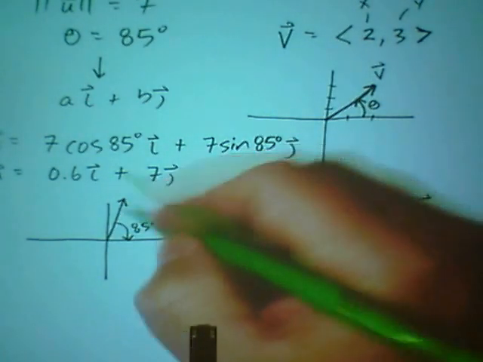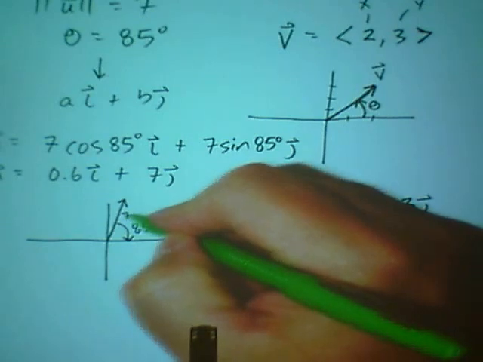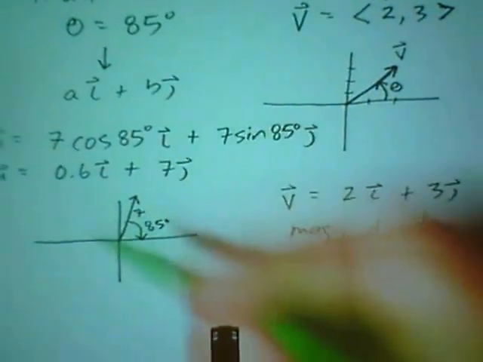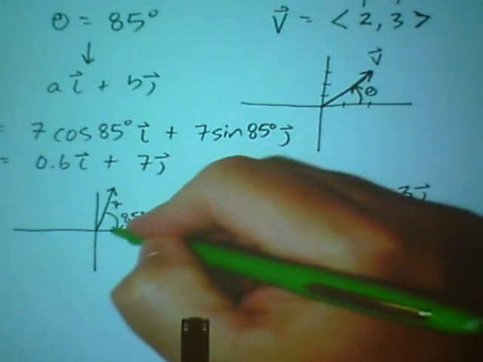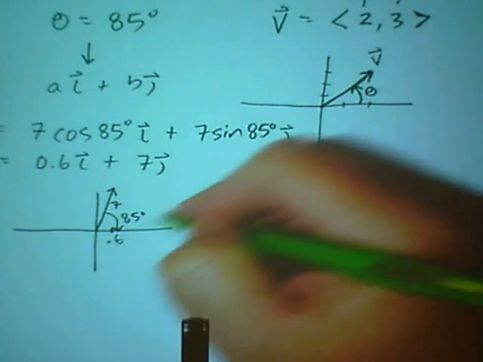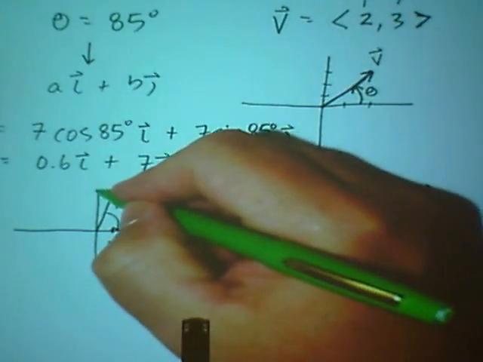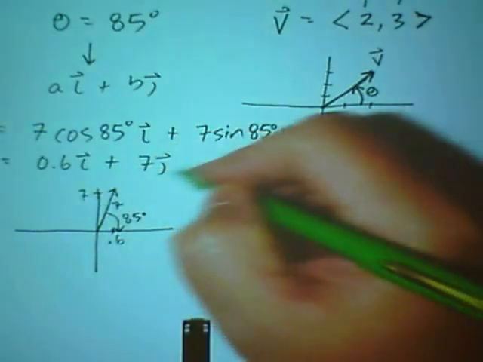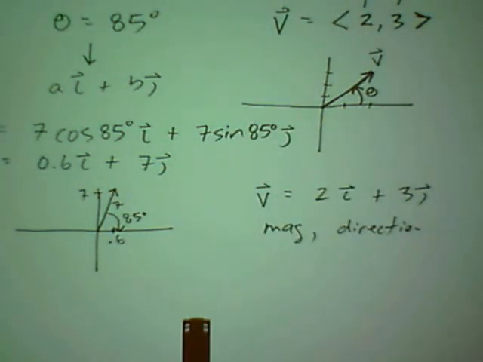If I call this a length of 7, and you break it down into x and y, x would be about 0.6 and y is around 7. It sort of makes sense. It looks reasonable.